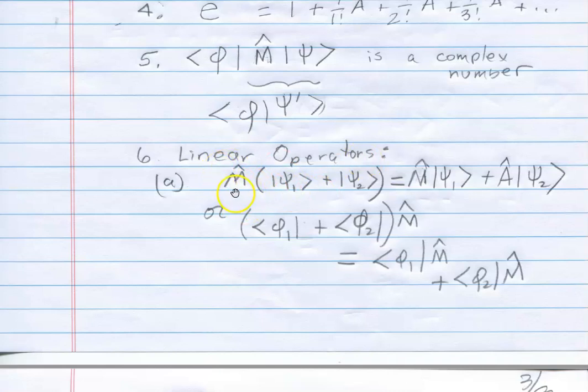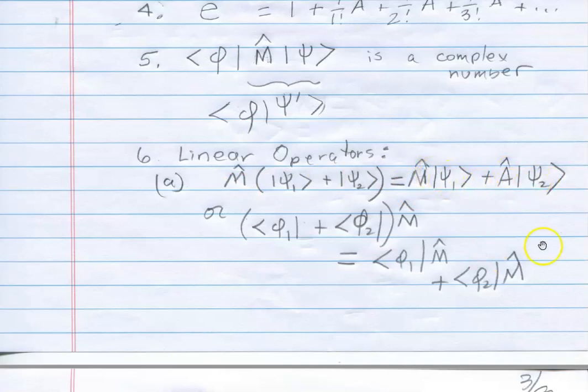Linear operators. We require linearity of all the operators in quantum mechanics, and that just means that if I have two quantum states, and I operate on both of those with a matrix, I can operate with the matrix on the first one and add that to the matrix on the second.